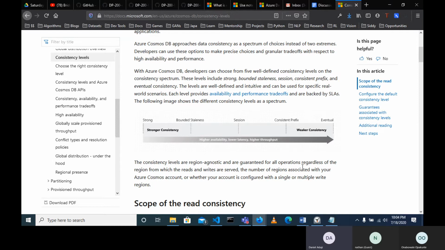If they add the image of that bicycle to the database, the amount of time it takes for the other branches to see this image on their website is either going to be strong or eventual.